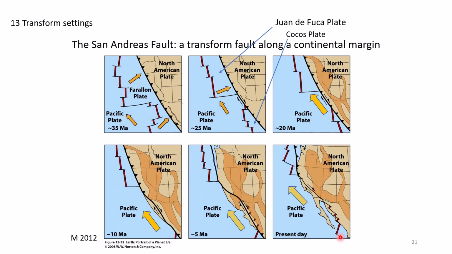I believe the graphics that we see here are not entirely correct. These mid-oceanic ridge segments that we see here are not in northern Mexico. They are actually submerged in the Baja California that we see here protruding into the North American continent.